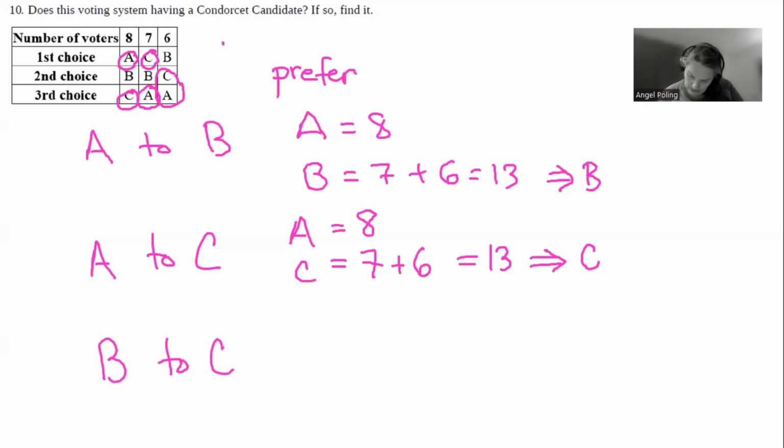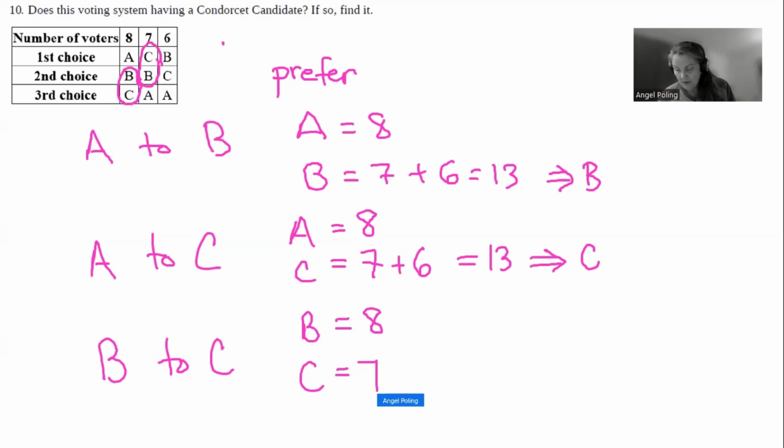But what about B and C, right? What do they look like? Okay, so B to C, B is more preferable to C for these 8 individuals. C is more preferable to B for those 7 individuals.